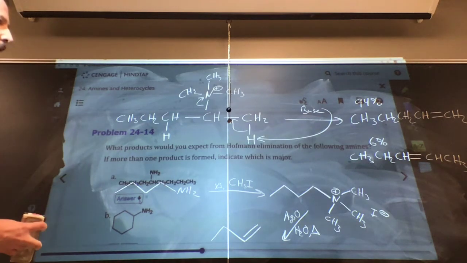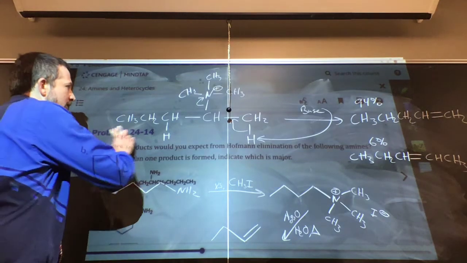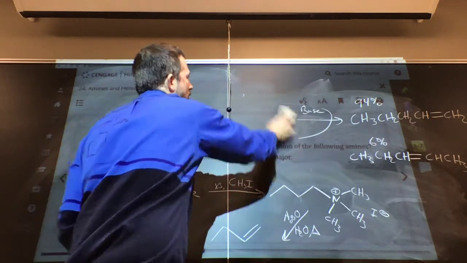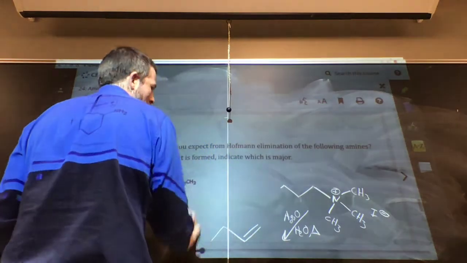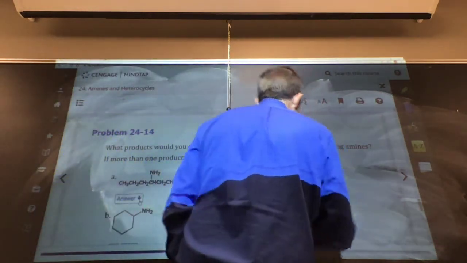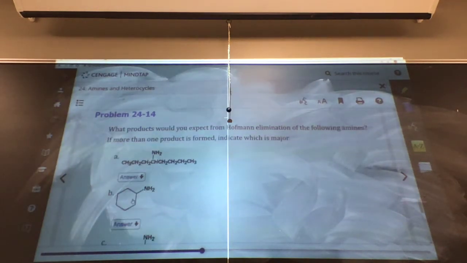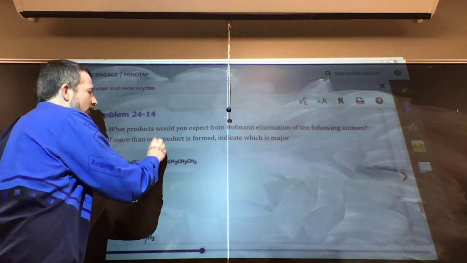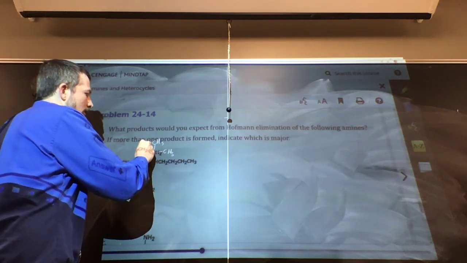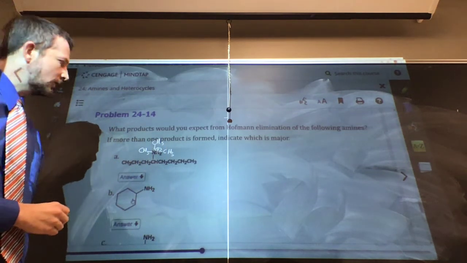What products would you expect from Hofmann elimination of the following amines if more than one product is formed? Indicate which is major. So if I'm looking at this reaction, here's my nitrogen. The first thing that's going to happen is that I'll transform that into a good leaving group.